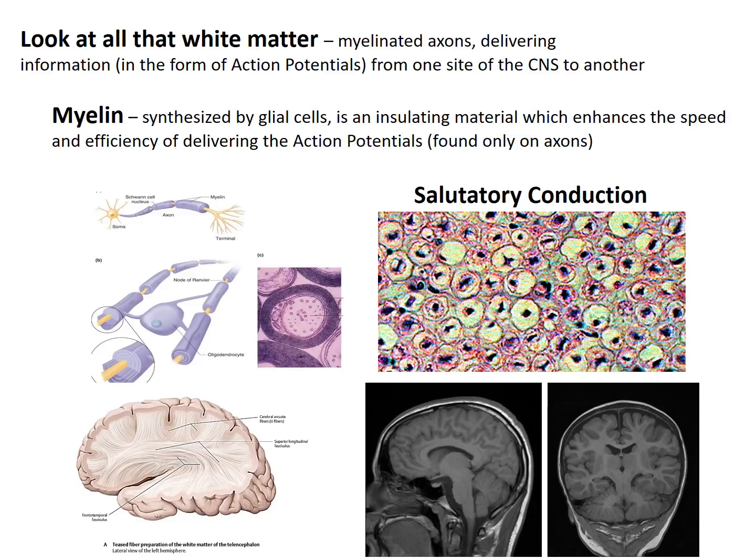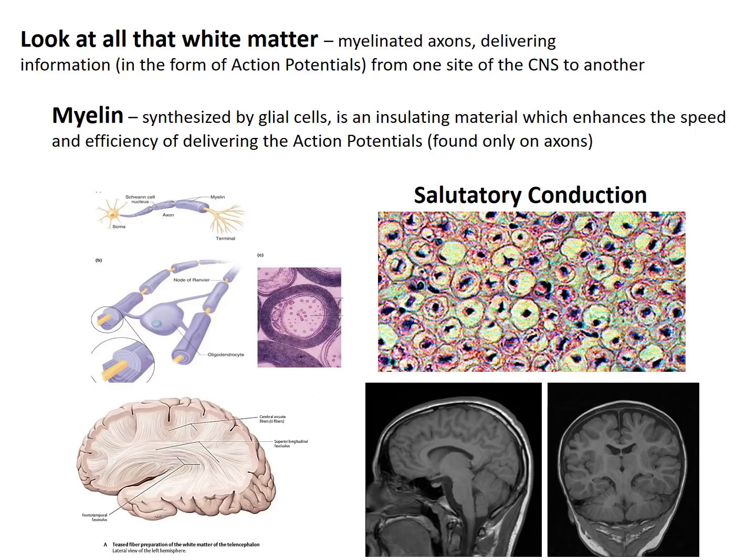And the role of myelin is to insulate those axons to deliver the electrical message, the action potential, more efficiently and quickly. And that is referred to as saltatory conduction. In an axon which is myelinated, the information travels quicker. That's referred to as saltatory conduction.